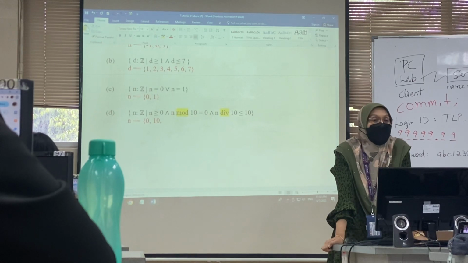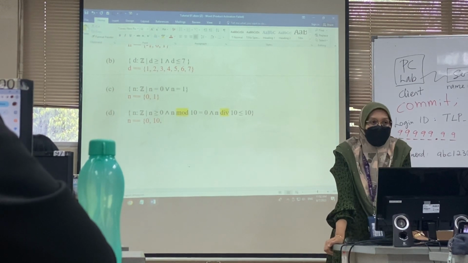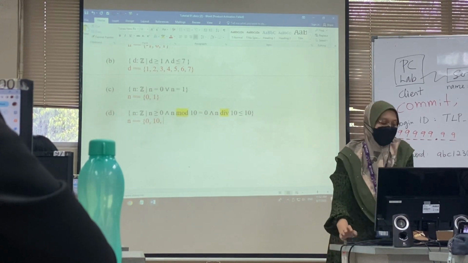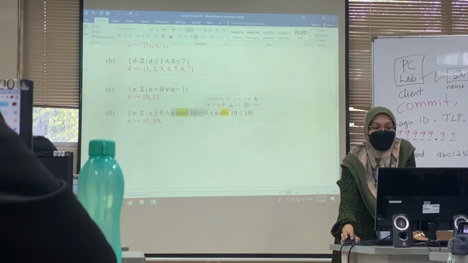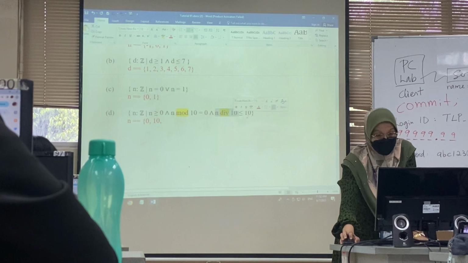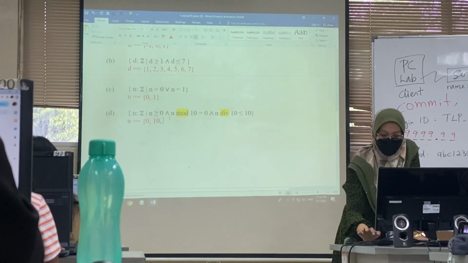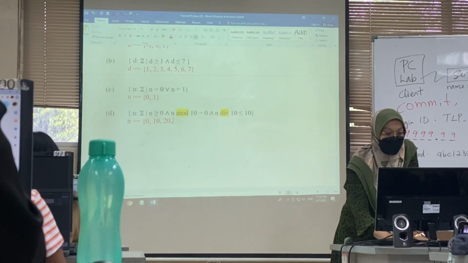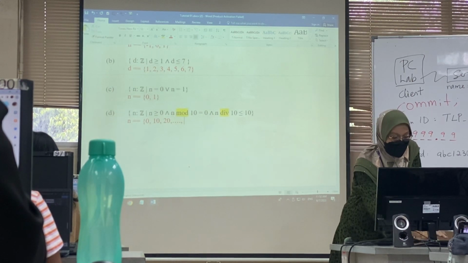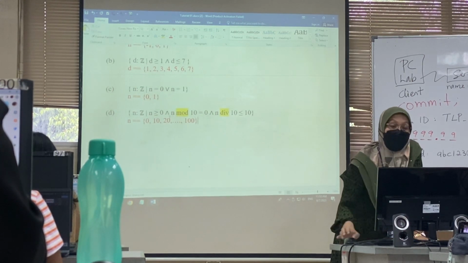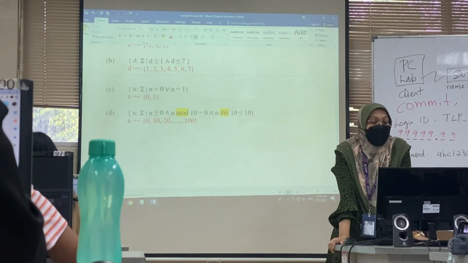And is it n like that? No, so you continue. 11, 12, 13, 14, 15, 20. See, 20 modulus 10, 0. 20 divide 10, still less than 10, correct? So 20. Then actually you will have this until 100. 110 is not going to be the answer already.